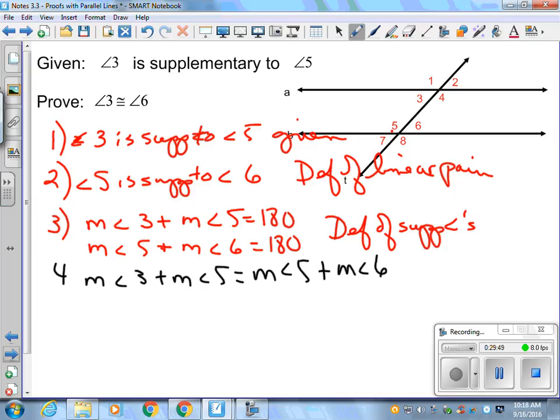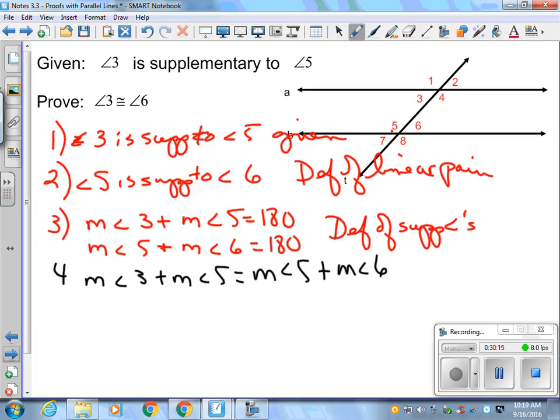Now, actually, there are two different reasons that you could put and get the correct answer for this question, but based on what we've been studying today, if you have two things equal to the same thing and you take the middleman out and make them equal to each other, what property did I just use? Transitive. But I also could say I substituted, because I could say 5 and 6 substituted in here for this 180, and that would also be correct.